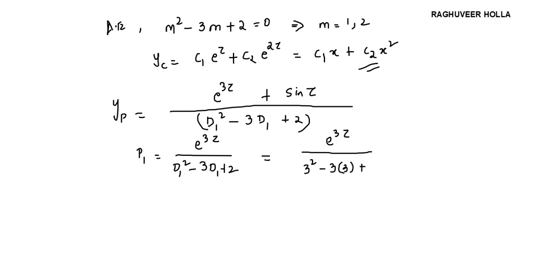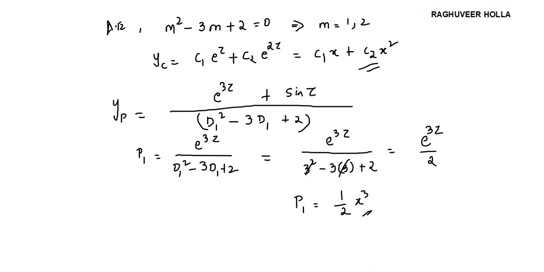So these two get cancelled, and I get e to the power of 3z divided by 2. Or this p1 I can write as 1 by 2 x cube. So this is the first particular integral which I got.